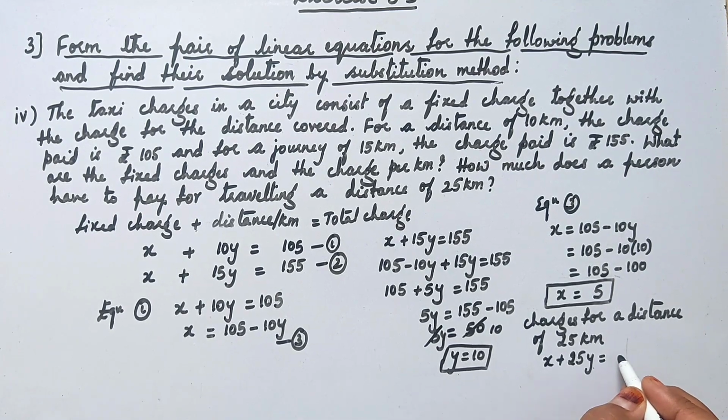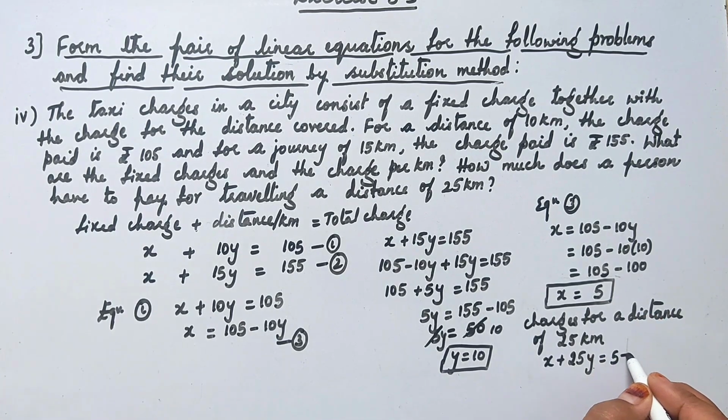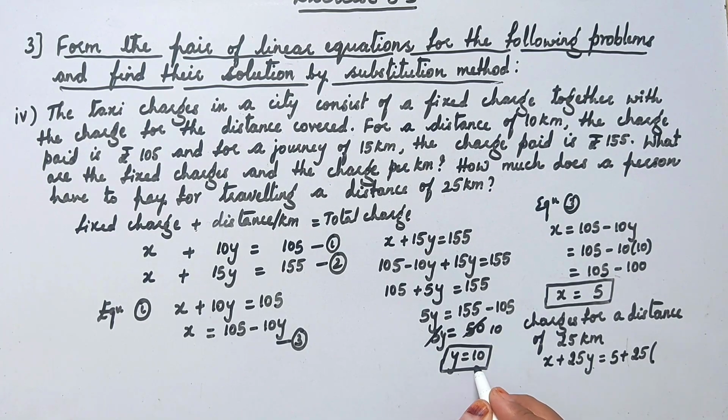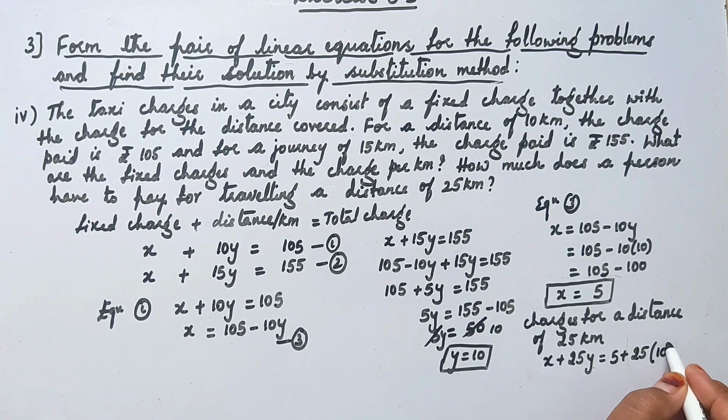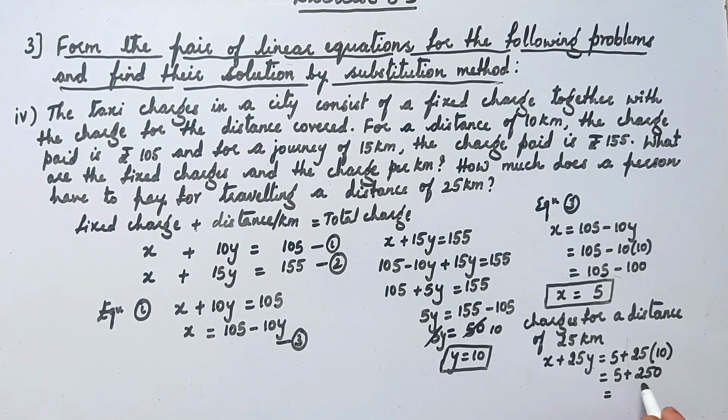Okay, now x is the fixed price, we got as 5, plus 25 into the charges, that is distance per kilometer is 10, equal to 5 plus 250. When you add these both, you are going to get 255 rupees. I hope this is clear to you all students.